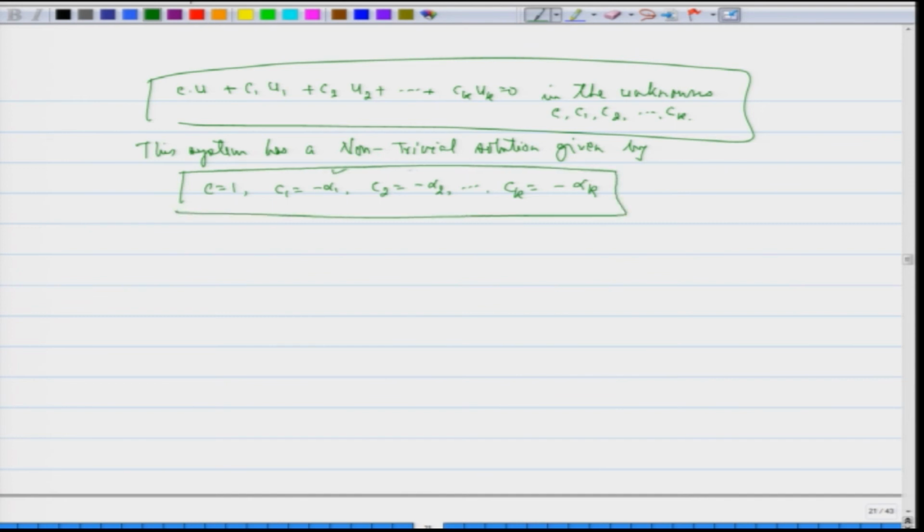I do not know whether alpha 1, alpha 2, alpha k are non-zero or not, but I know that at least C is not 0. Fine. So, therefore, I have a non-trivial solution.